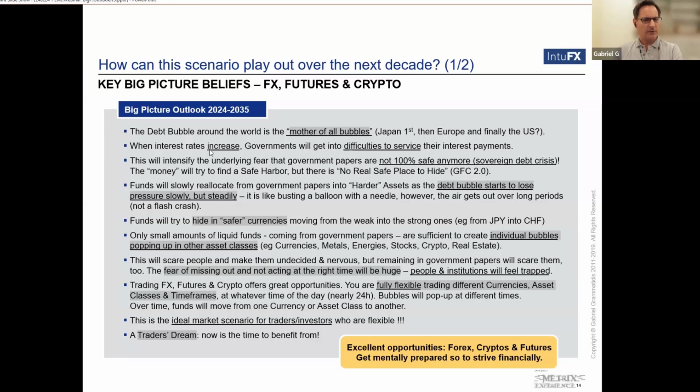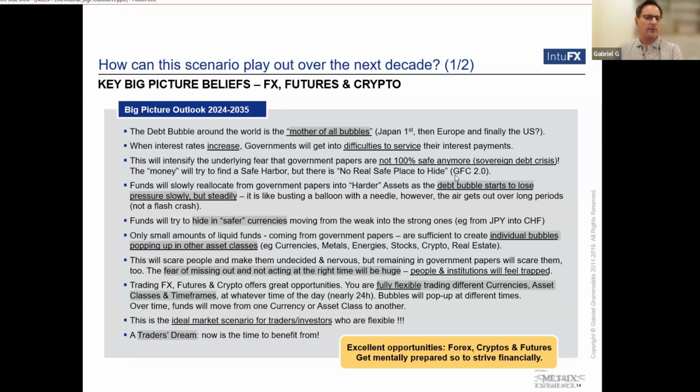So when interest rates increase, that's what we see now in Japan, governments will get into difficulties to service their interest payments, obviously. This will intensify the underlying fear that government papers are not 100% safe anymore. And then that's what we call a sovereign debt crisis, that governments could fail, right? The money will try to find a safe harbor but there is no real safe place to hide.